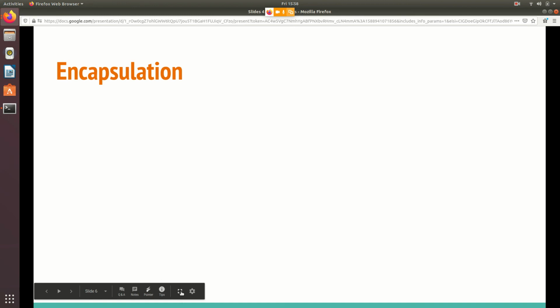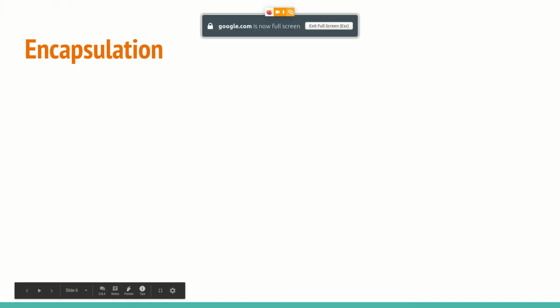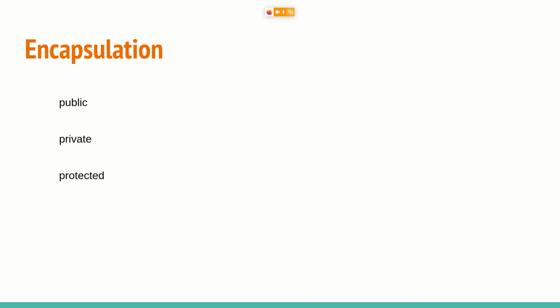So, encapsulation has different modifiers. You've heard of two of them already, public and private. There's also one called protected. In your book you can see that they have two extra, internal and protected internal. I don't want to tell you about these now, and in tests they won't be brought up.